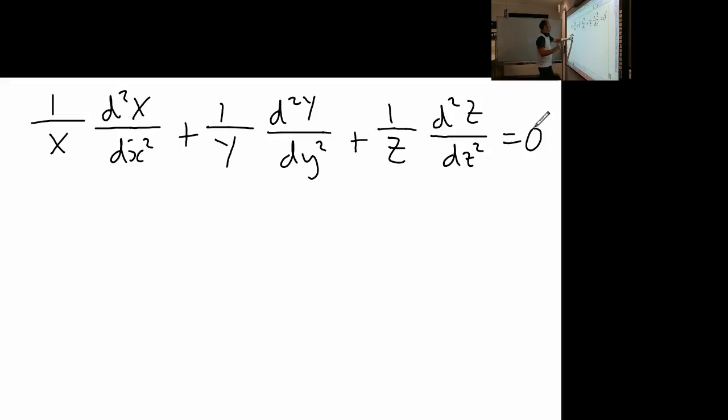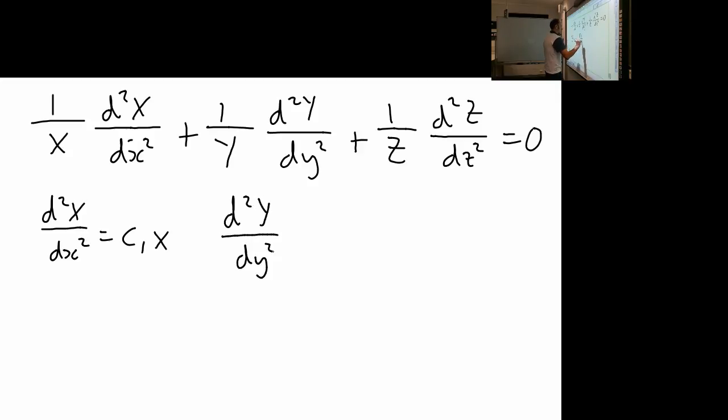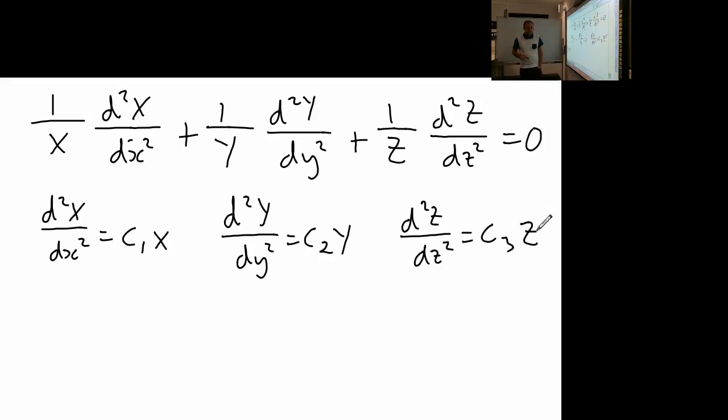So we can write d²X/dx² is equal to some constant called c1 times X. For Y, we have d²Y/dy² is equal to c2 Y. And for Z, we have d²Z/dz² is equal to c3 Z. And this is now where we have c1 + c2 + c3 = 0.